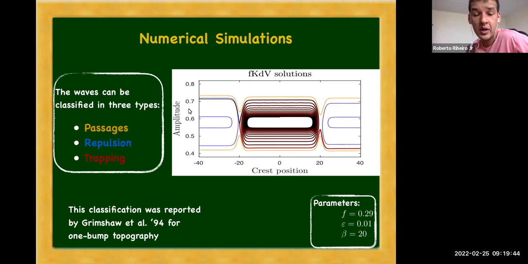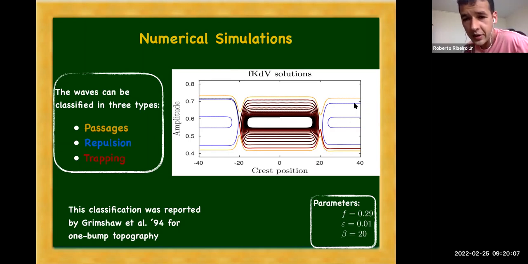So imagine that we are in the solution space, and in this solution space we have two parameters, the amplitude and the crest position of the wave. As it is shown here, the bumps are located at the positions 20 and minus 20.